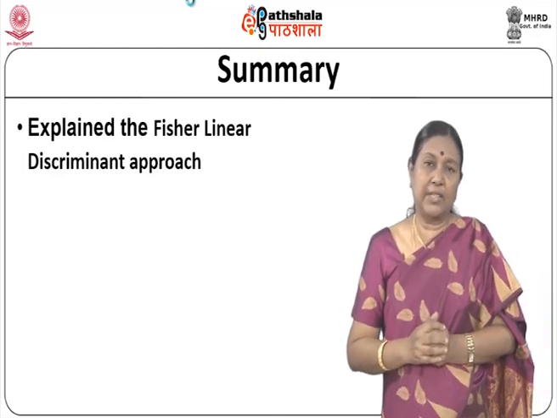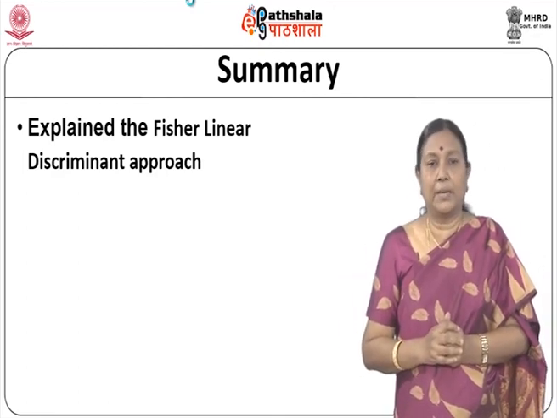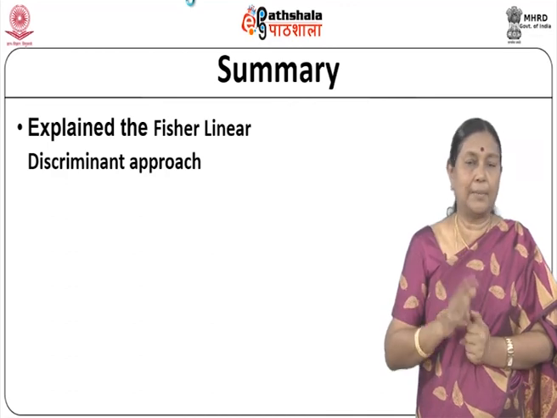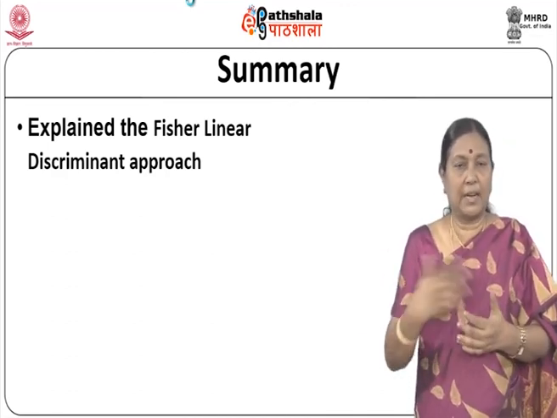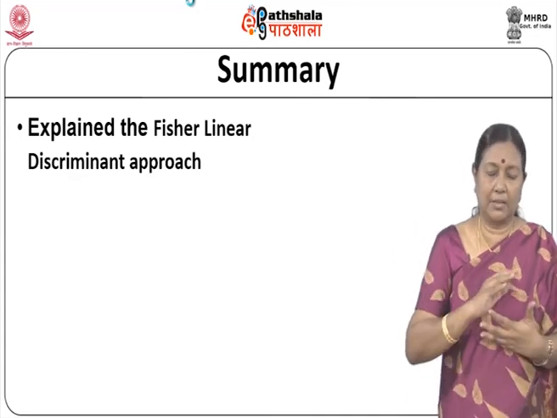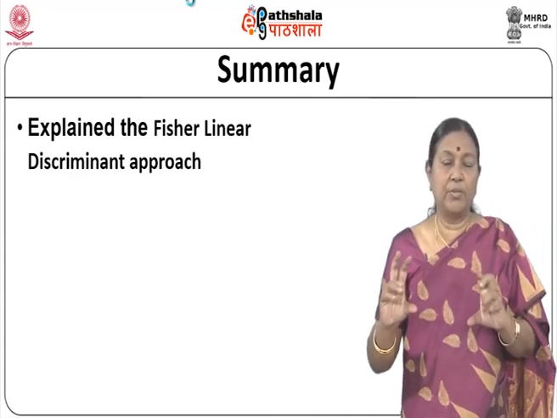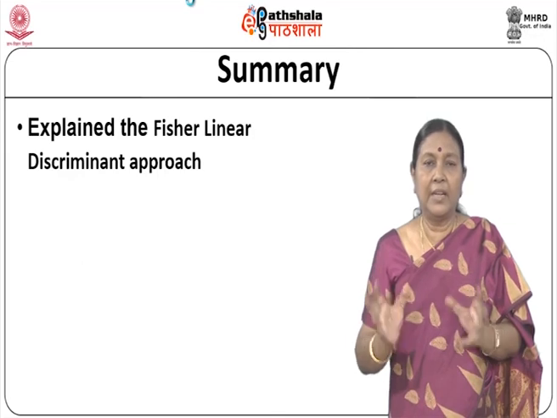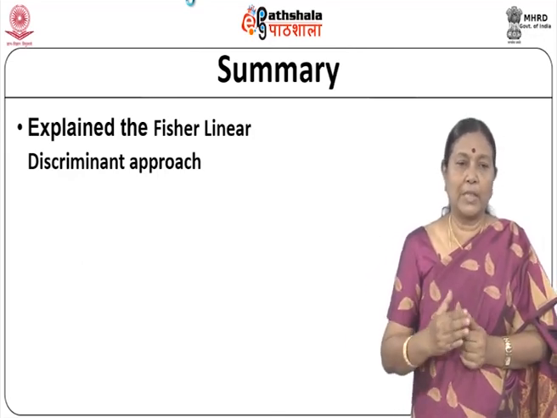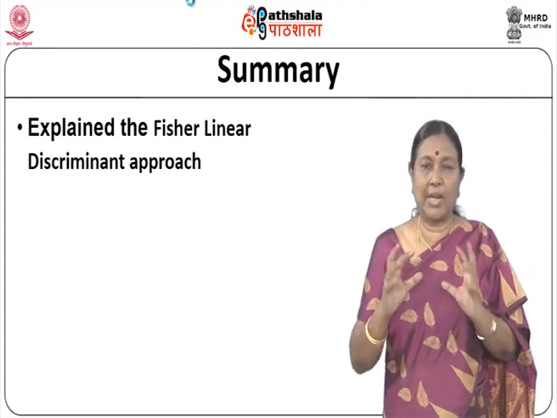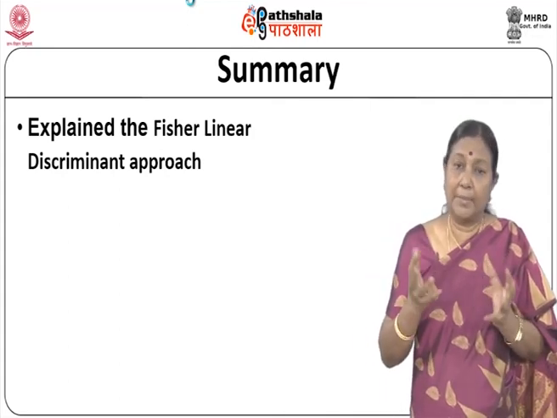The next method we saw was the singular value decomposition method. This was exactly a mathematical method, we just directly applied it, where an m into n matrix is converted into singular value decomposition, where we use 2 bases U and V, and we use an orthogonal basis for doing this projection. So, with this we finished all the 3 dimensionality reduction techniques.